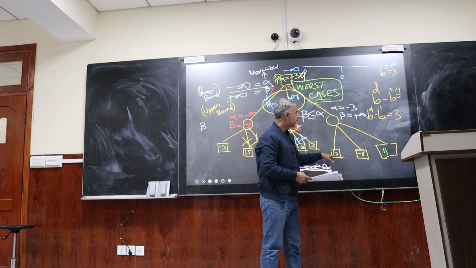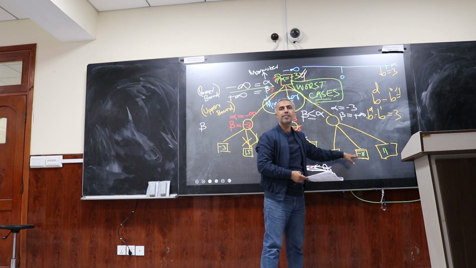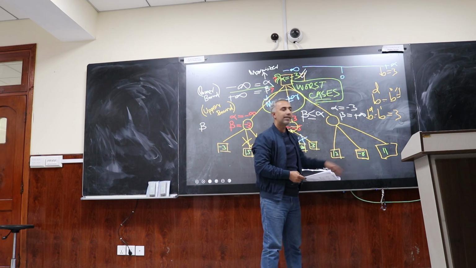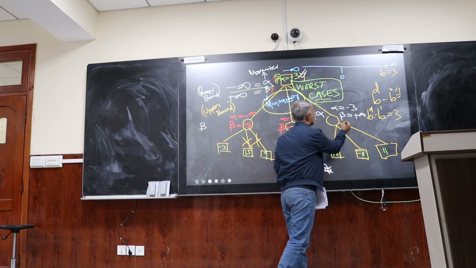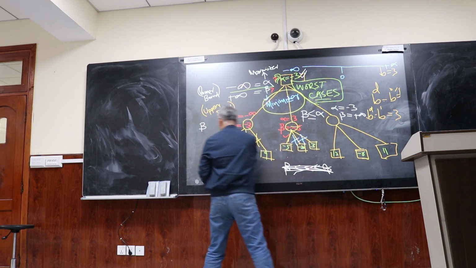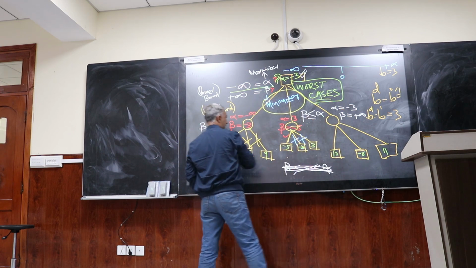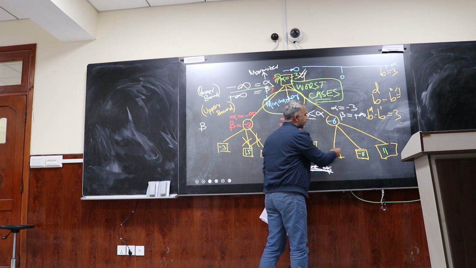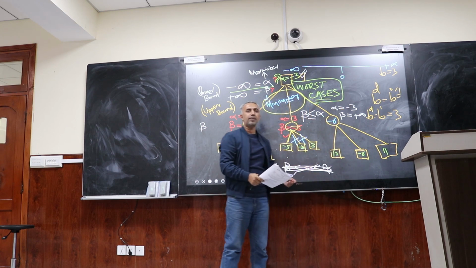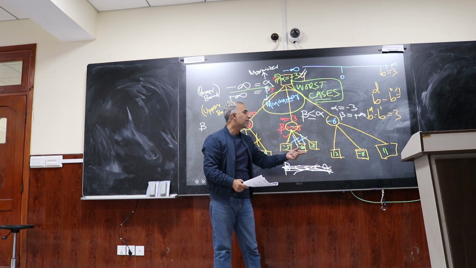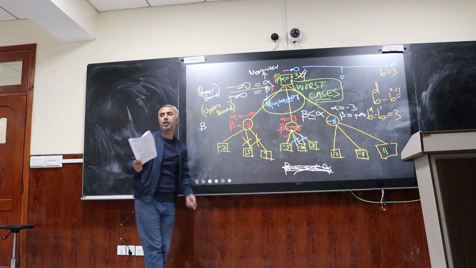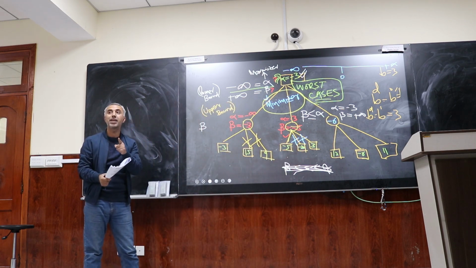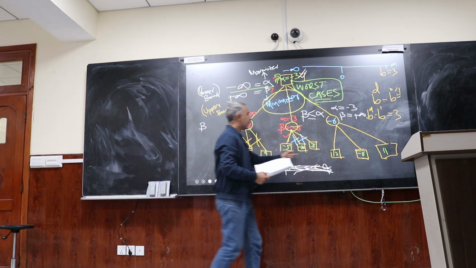Minus 6, beta equal, so beta minus 6. Here, let me explain to you, it's very important, the concept of pruning.